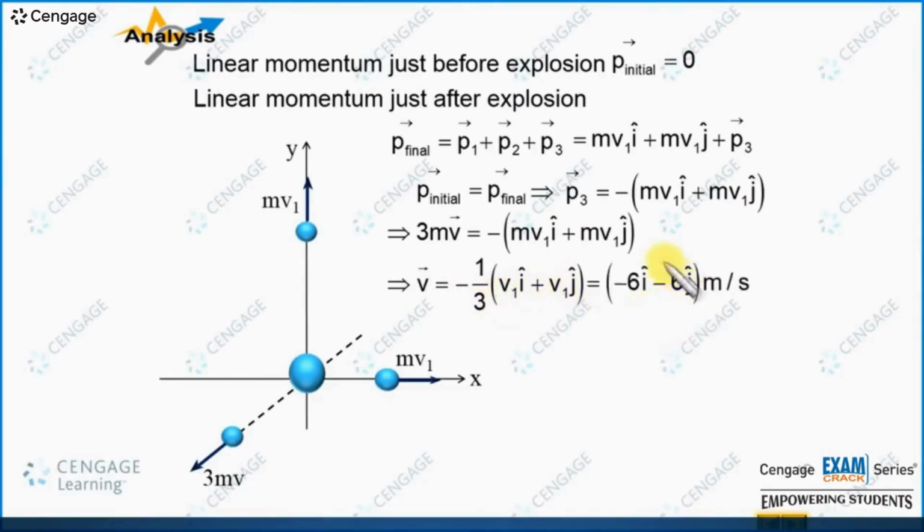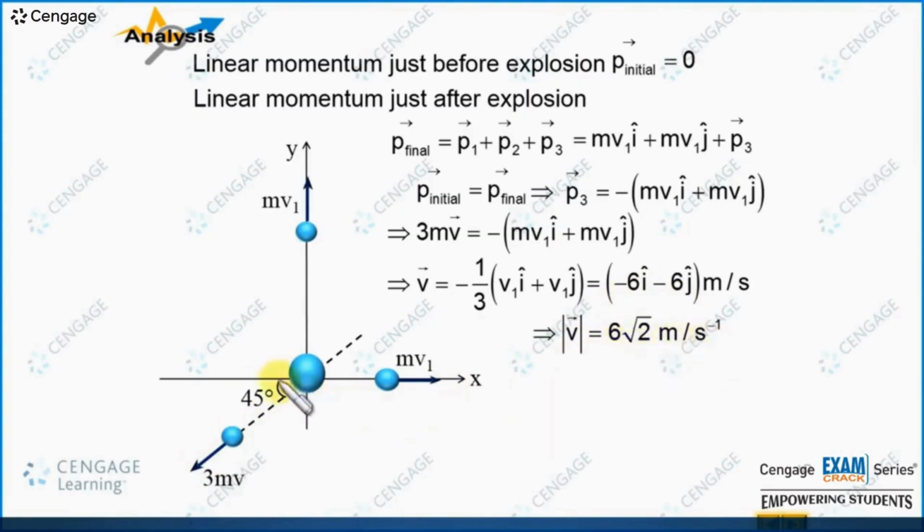So this gives the velocity for the third part, and from this expression we can decide that the velocity direction is equally inclined with the x-axis and y-axis, that is, the negative x direction and negative y direction. So this angle should be equal to 45 degrees, right? It is in the third quadrant, and the magnitude of the velocity is 6 root 2 meters per second.